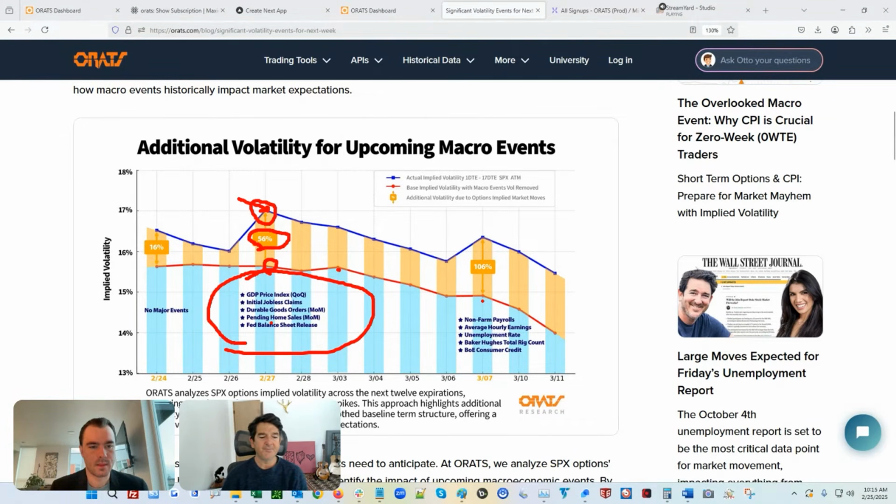Does that make sense? Yeah, it's very interesting. I haven't really seen this done in such a robust manner, and I think it's great that we're doing this. Also, just so that everyone knows, this is not currently a process that is applied to the IV for SPX. This is something that Matt's done recently.